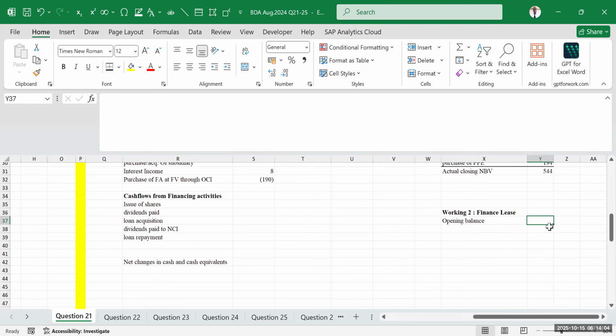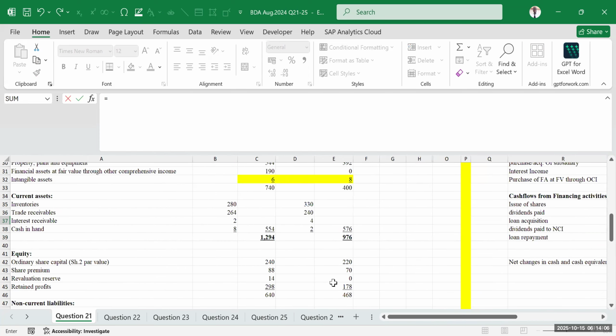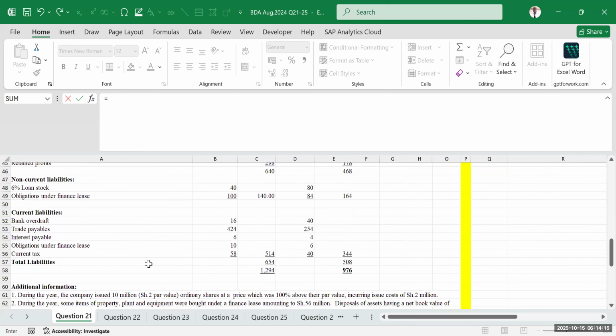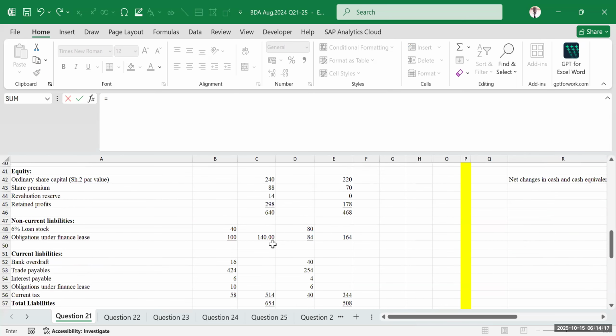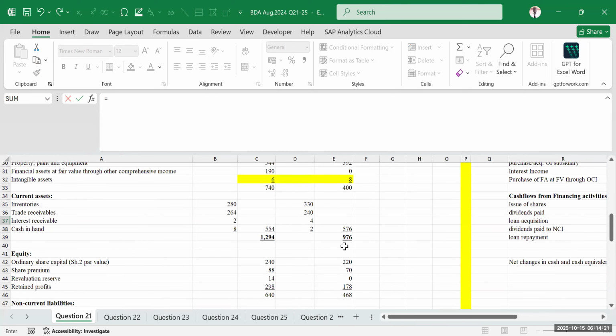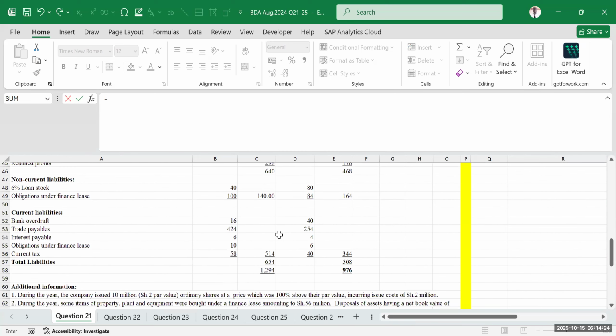Now, the opening balance that I would want us to pick is to go to the statement of financial position. It is the opening balance of a liability, and the liabilities are in 2 sections. So we pick the opening non-current liability of the lease finance under 2022. This opening balance is 84.